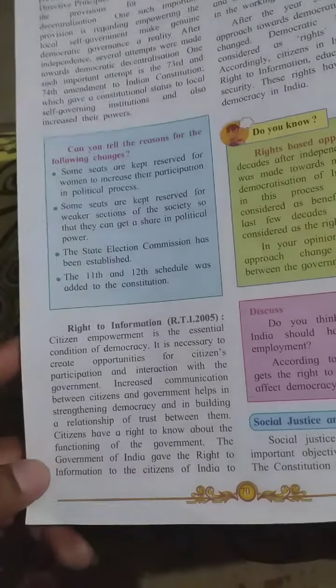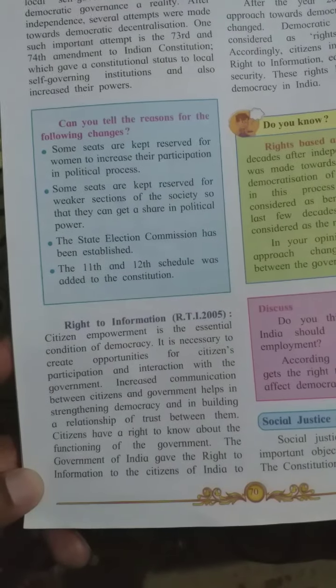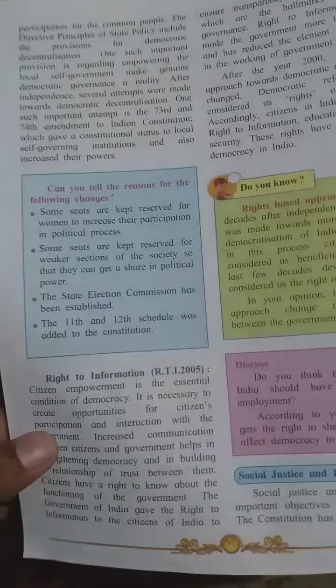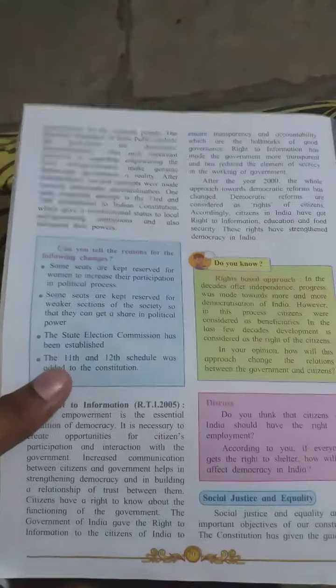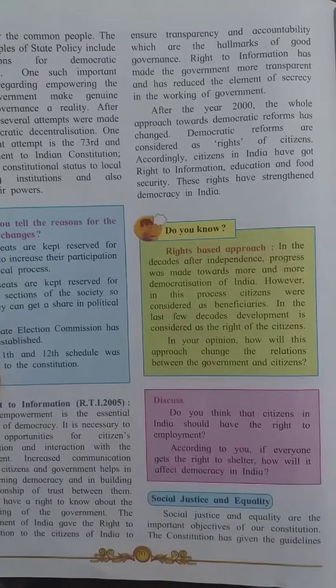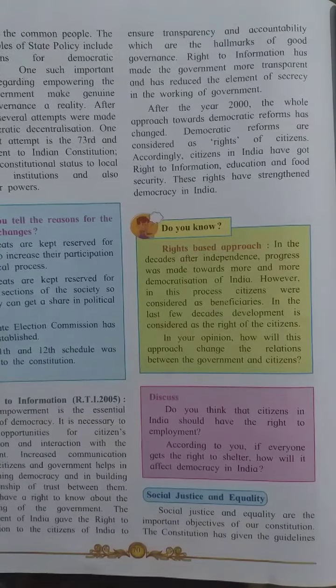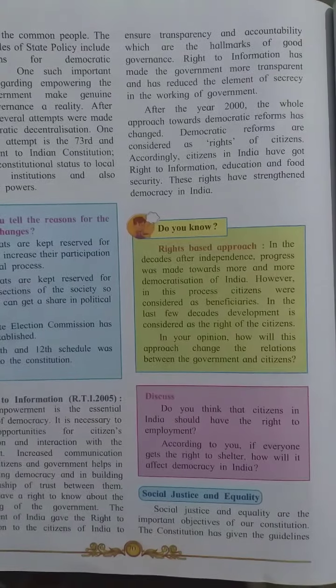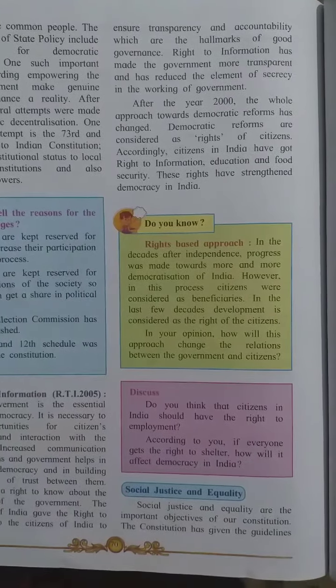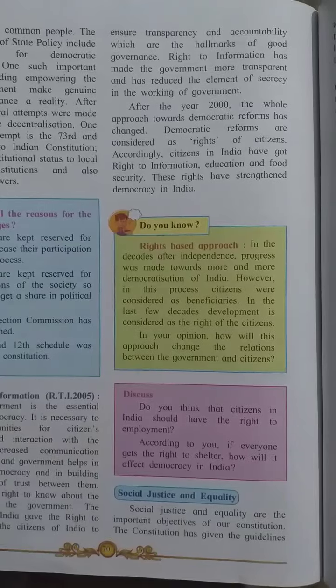Citizens have a right to know about the functioning of the government. The government of India gave the right to information to the citizens of India to ensure transparency and accountability, which are the hallmarks of good governance. Right to information has made the government more transparent and has reduced the element of secrecy in the working of government.